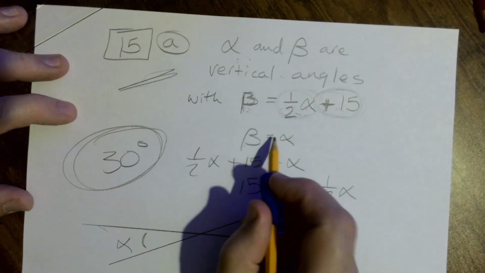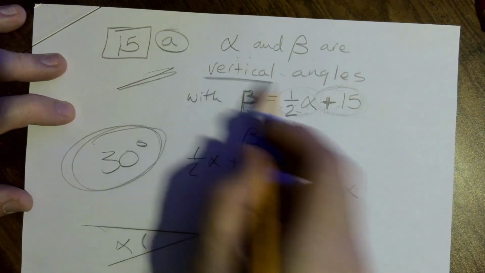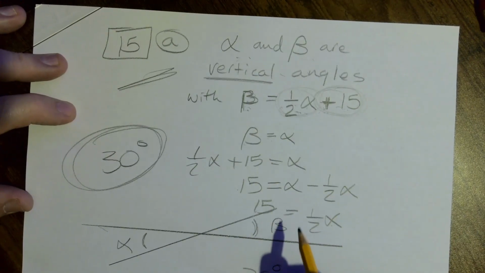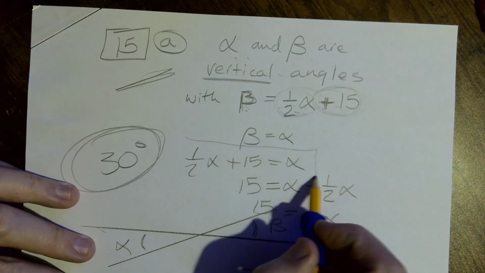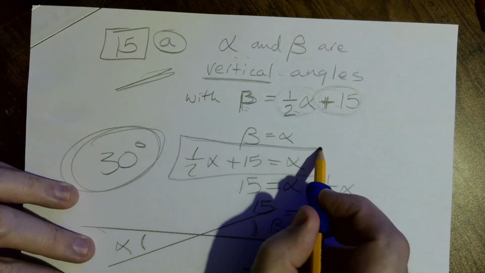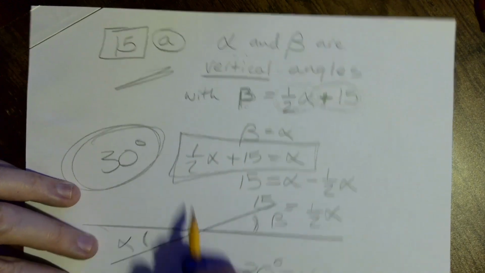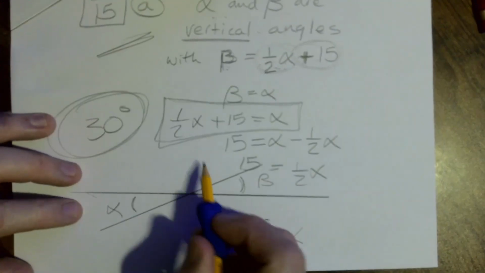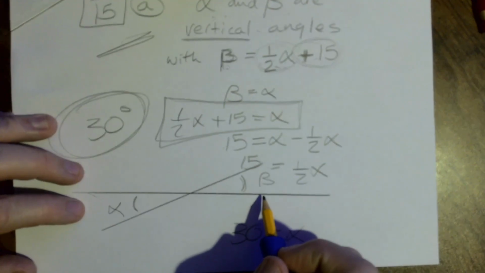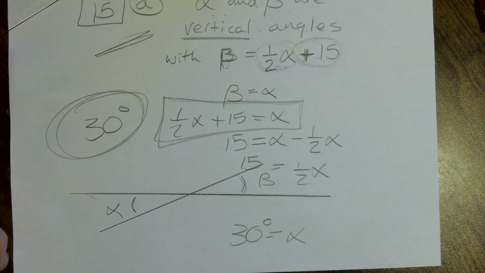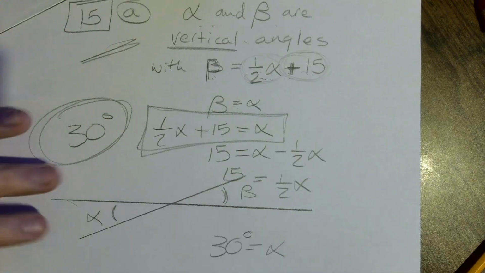We know beta is equal to alpha because it's given that they're vertical angles. So they're equal to each other. So we set that up right here. Set that equation up, and then we solve for alpha. That's 15A.